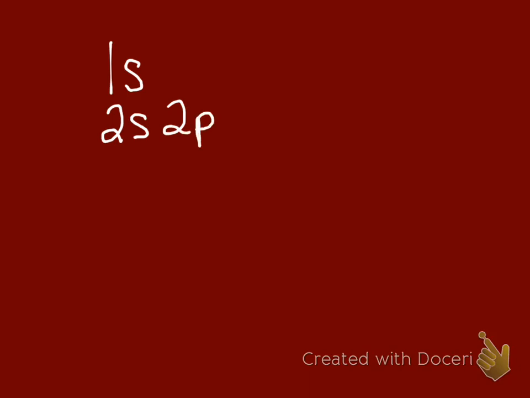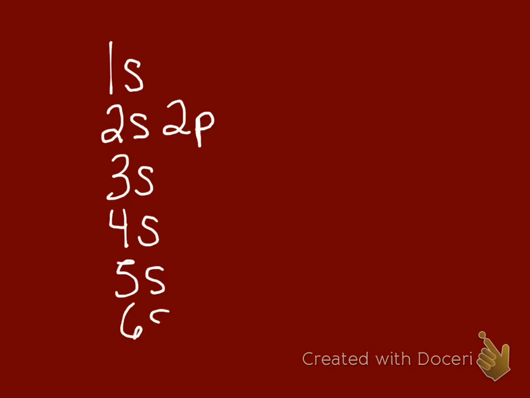Well, every single main energy level has an s orbital. So we'll go ahead and draw these all, or write them all. 3s, 4s, 5s, 6s. We don't usually go above 6s. I mean, there is a 7s. We could draw it, but we're never really going to talk about electrons that live there.